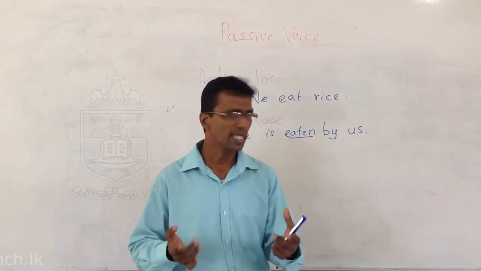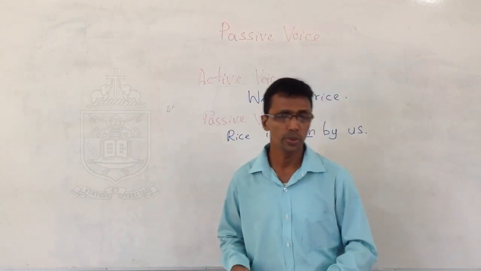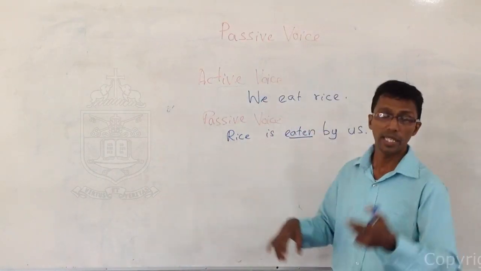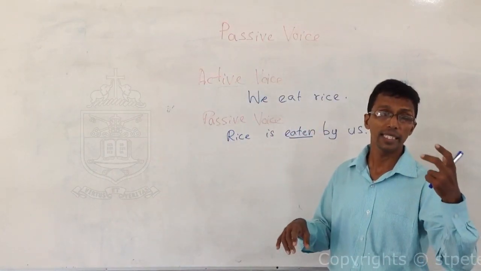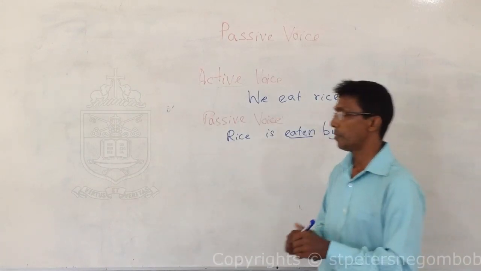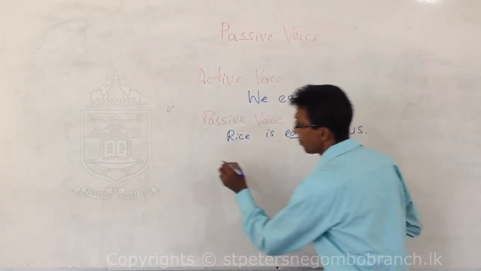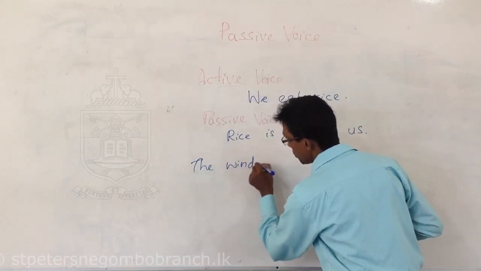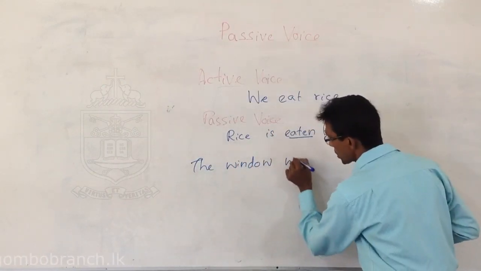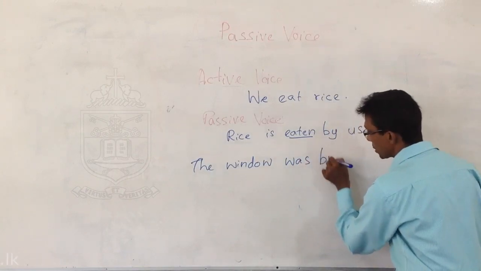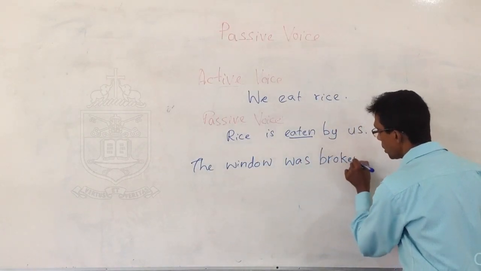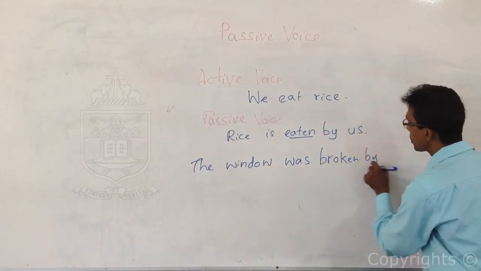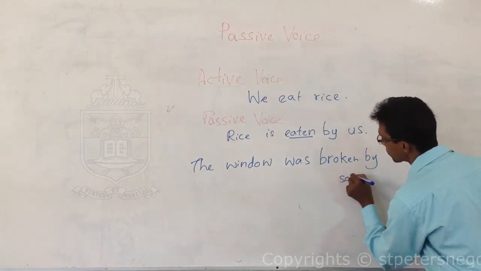So in such situations, what do we do? We can use the passive voice to explain that sentence. For example, you can say, the window was broken. It was broken by somebody, by someone.